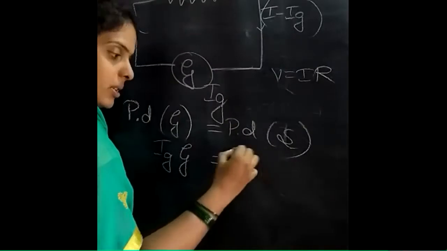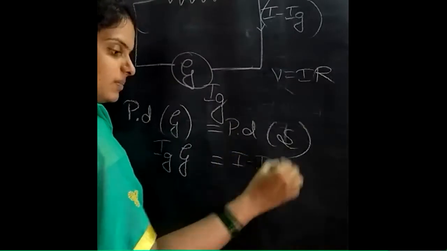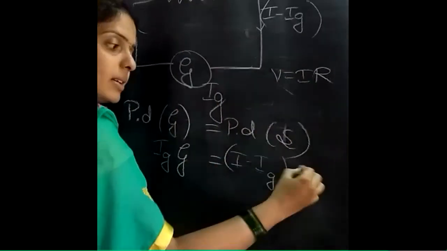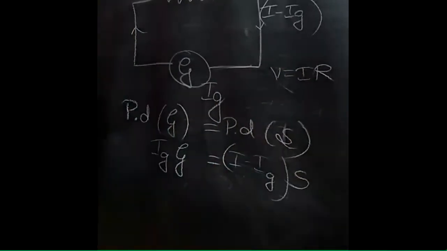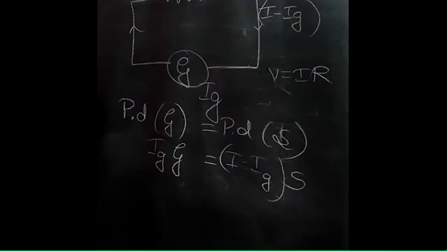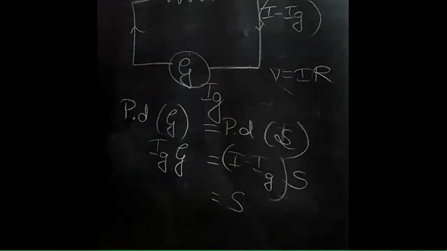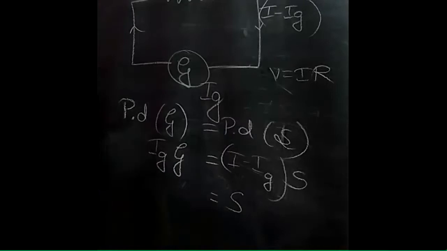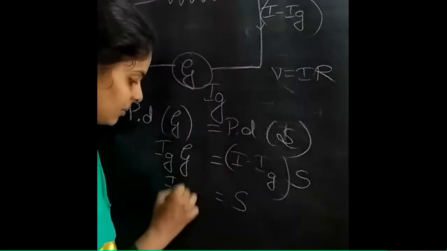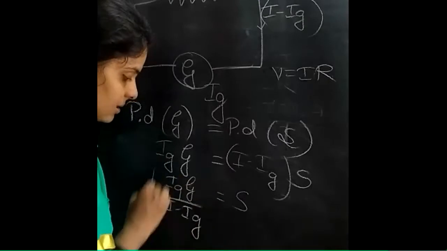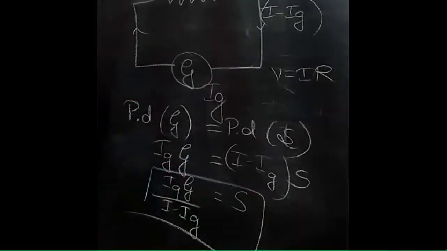Now here the current is I minus Ig, and instead of R it is S. Therefore we get S is equal to Ig into G divided by I minus Ig. This is your final expression for shunt resistance.